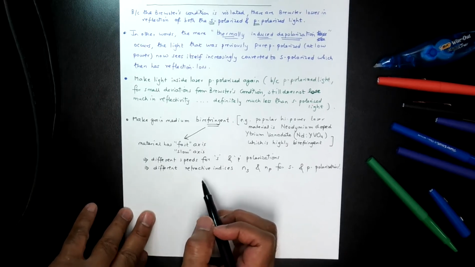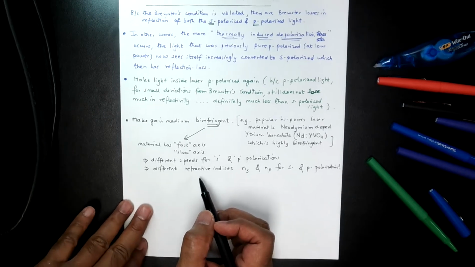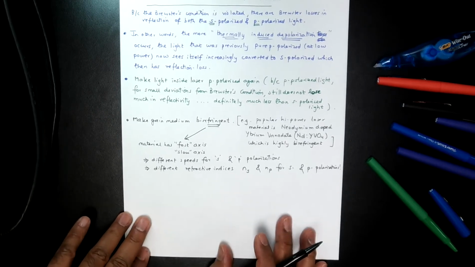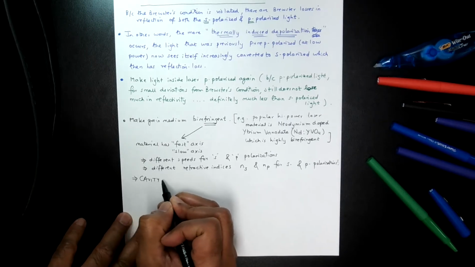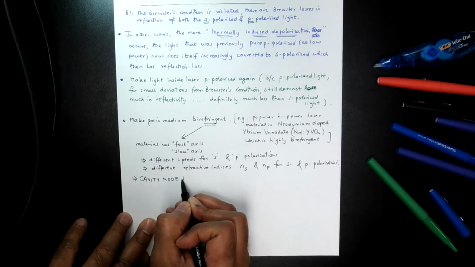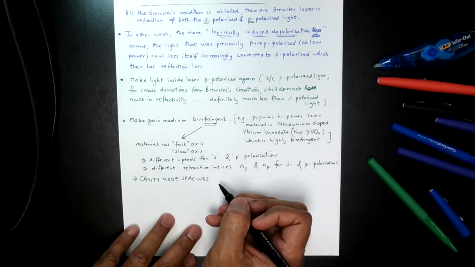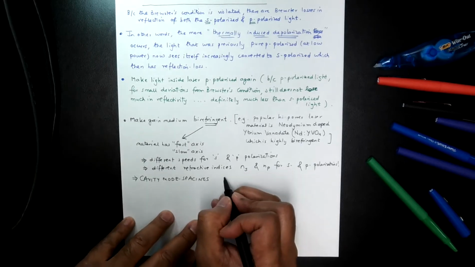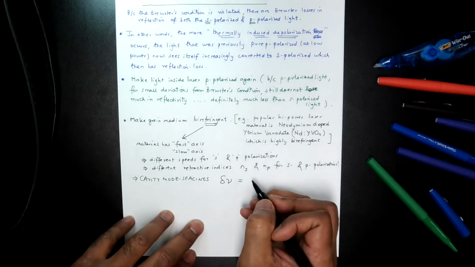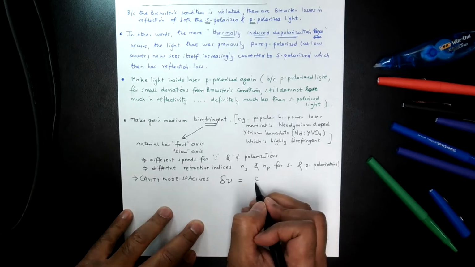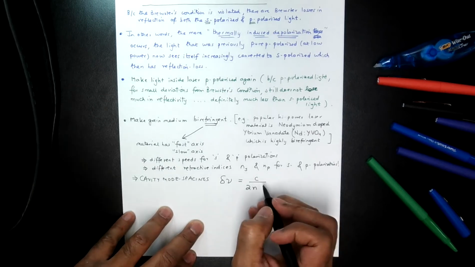Well, you might say, okay, so what? That's very interesting because if the refractive indices are different, then the cavity mode spacings are different. Remember the formula for that? The cavity mode spacing, delta nu, is equal to c over 2 times the refractive index times the length of the cavity.